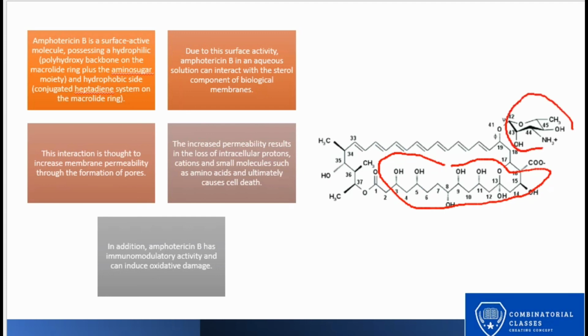This is the amino sugar attached in this, and it produces hydrophilic character. Similarly, the heptaene which is in conjugation form produces hydrophobic character. So this region will produce the hydrophobic character, which I already told you, right? So this is all about the chemistry and structure of amphotericin B. Thank you.